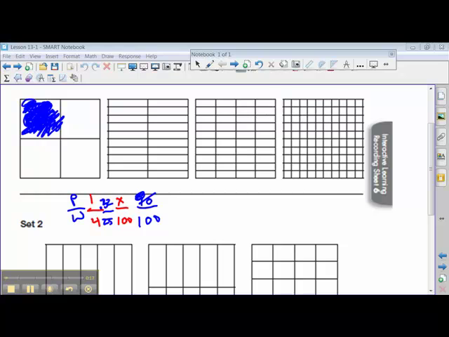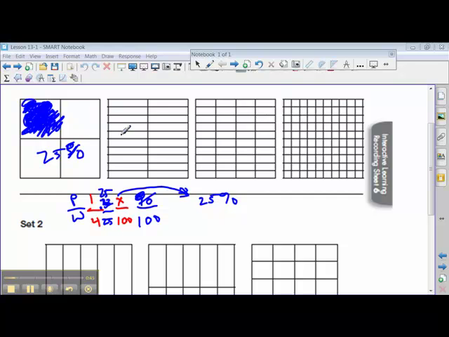And so 1 times 25 equals 25. So I know that it is 25% because 25 over 100 equals 25, and that's in the percent place. So it is 25%.